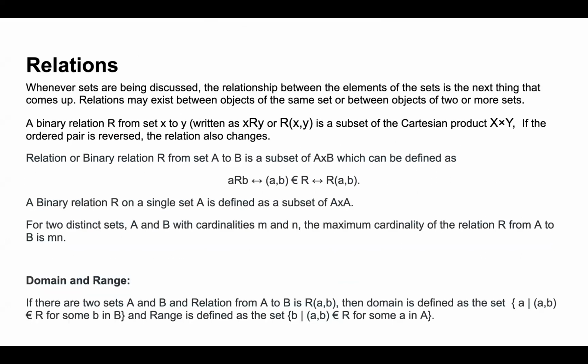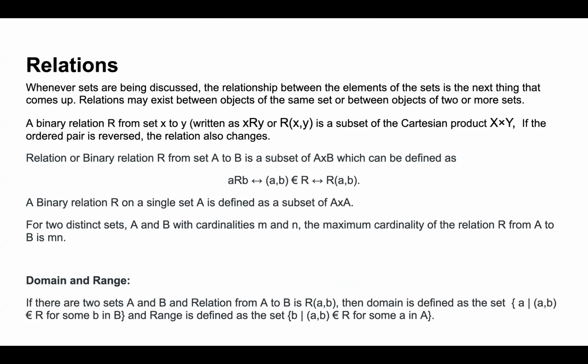Here we have seen what the relations are. When we are taking some type of relation between two sets, then that relation R is said to be from the first set to the second set.